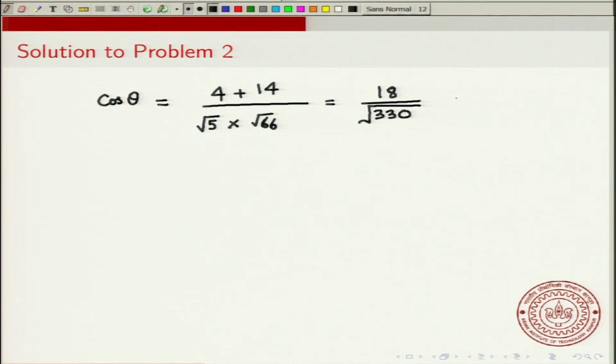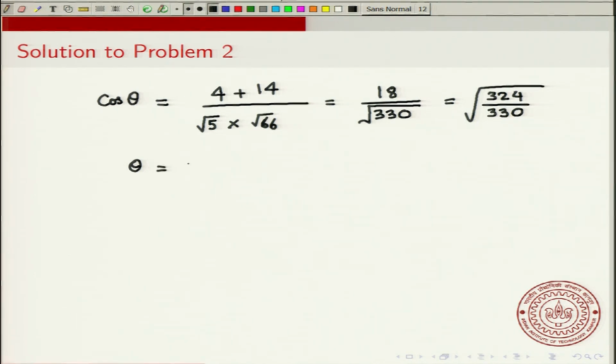Now 18 squared is actually 324. Okay, so it is actually very close to 1. So, you see that theta is very small.